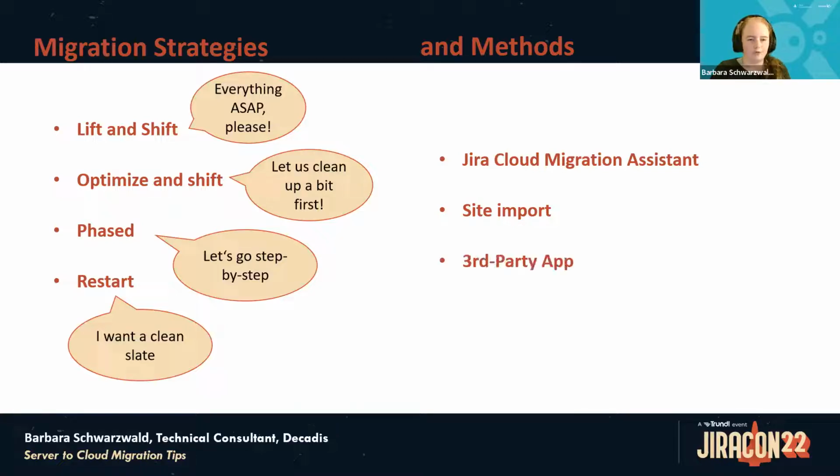And the third option, if the Jira Cloud Migration Assistant is maybe a little bit too streamlined for you, is third-party apps on the marketplace that have additional features and are basically cloud migration tools like the Jira Cloud Migration Assistant, with, for example, more granular control over what to migrate or more intense feedback.